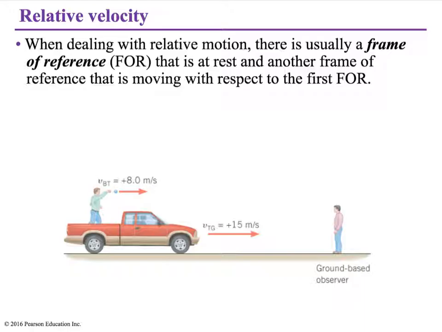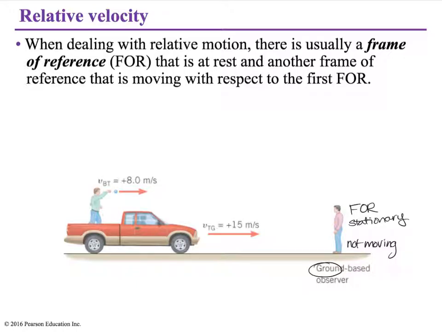For instance, here's a person who's just standing here. His frame of reference is the ground, and he's not moving. So his frame of reference, I'm using that abbreviation, is stationary. And we're going to call that the ground.